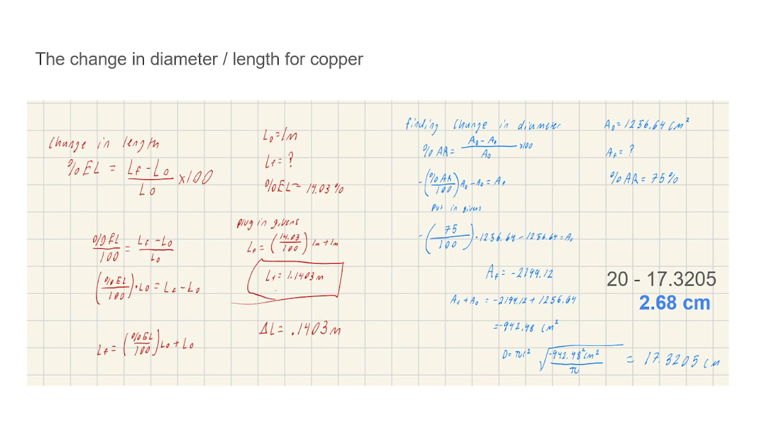Find out the diameter with the pi r squared formula, and that gives us our final diameter of 17.3205 centimeters. So we subtract that from the original value of 20 centimeters to get 2.68 centimeters difference. So the final width was 2.68 centimeters smaller than the original.